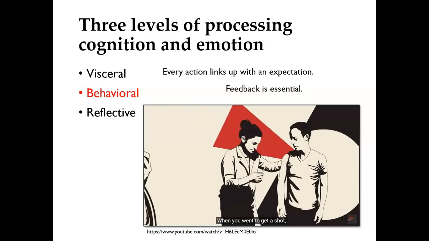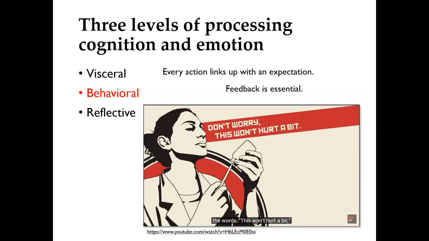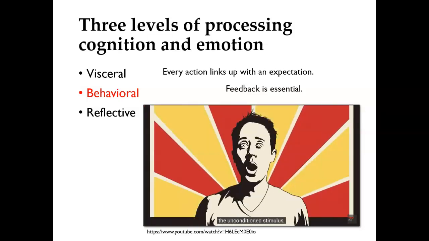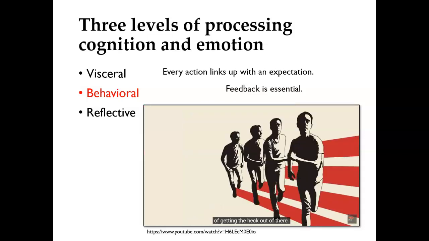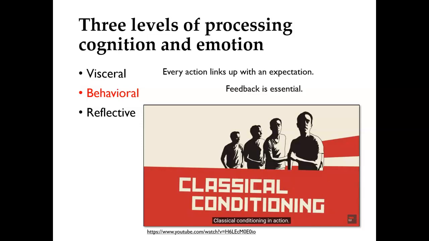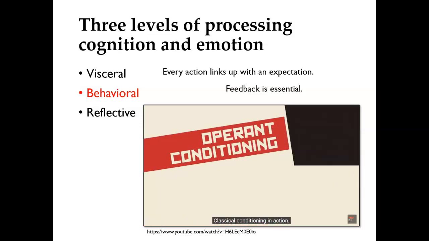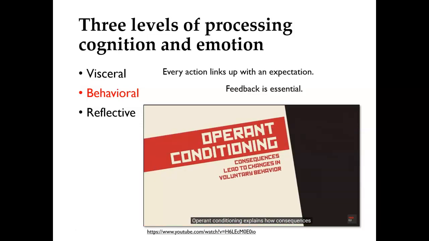When you went to get a shot, the words, "this won't hurt a bit," became a conditioned stimulus when they were paired with the pain of the shot, the unconditioned stimulus, which was followed by your conditioned response of getting the heck out of there. That's classical conditioning in action. Operant conditioning explains how consequences lead to changes in voluntary behavior.